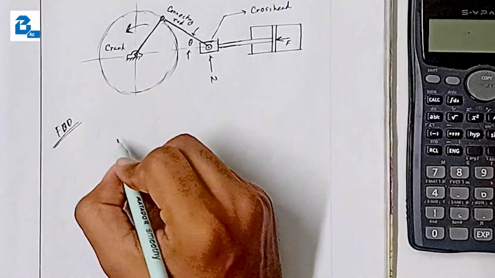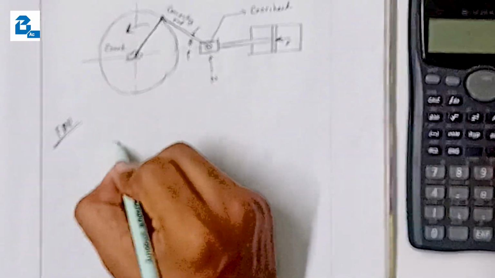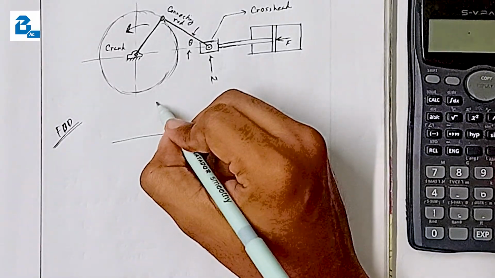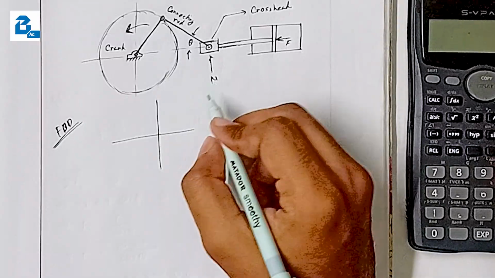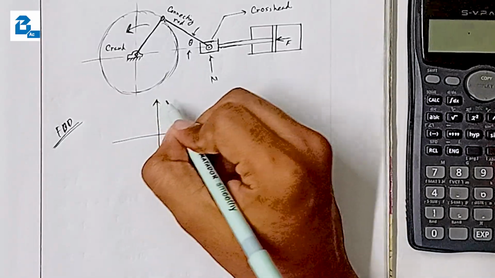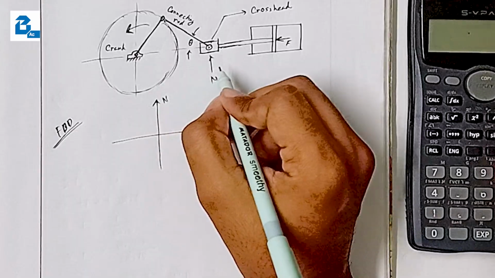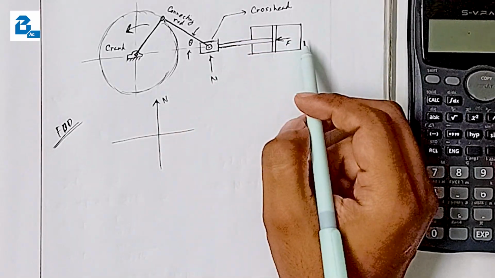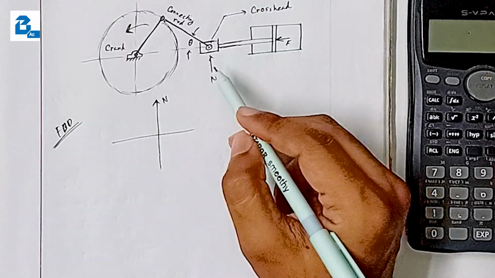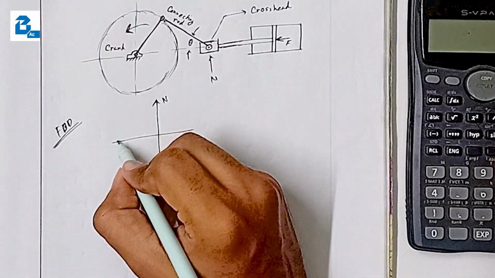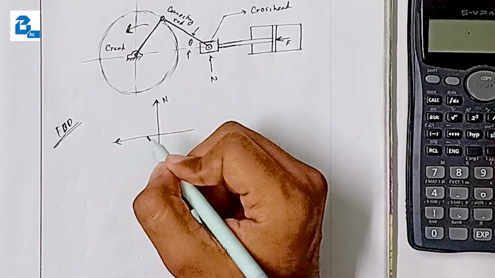For the crosshead, the free body diagram would be here, the horizontal axis and the vertical axis. The N force, which is acting vertically, we should put at the top since it is pointing upward, and then the force F, which is acting leftward, so we will take it as such.